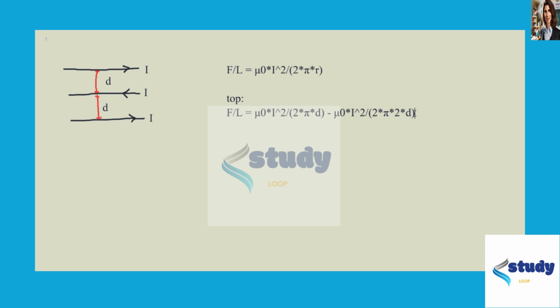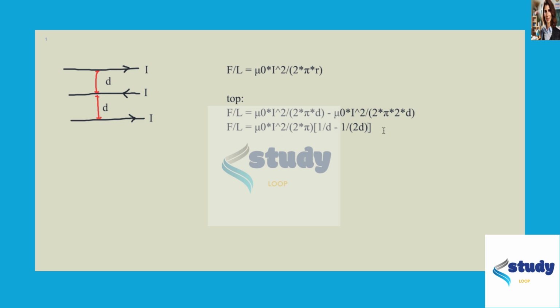What we can do is condense this a little bit because we have a lot of constants. We have mu naught times I squared, and then a factor of 2 pi in the denominator. And then we have 1 over d from this first term minus 1 over 2d from this second term. So this is going to be the expression for this.